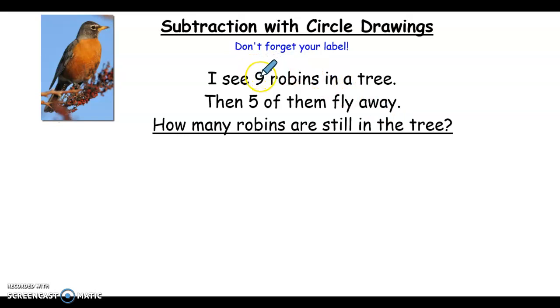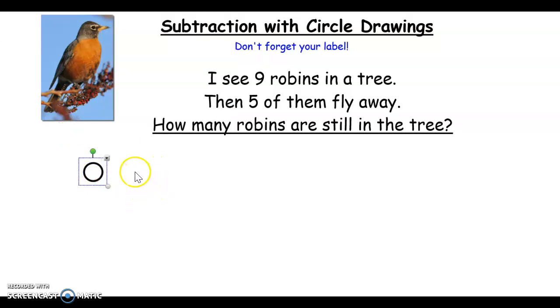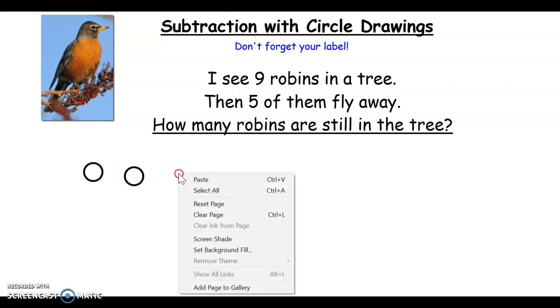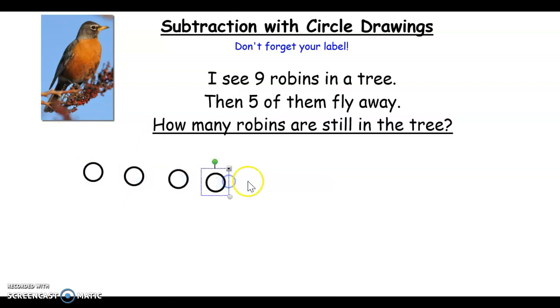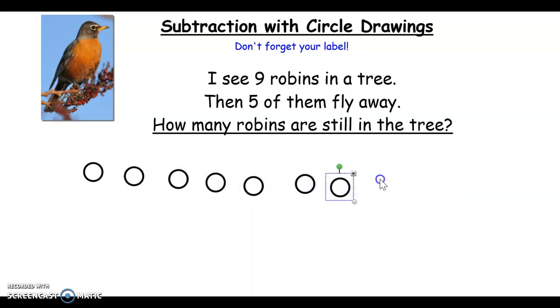So let's start off with how many we have total. Right now we have 9. So let's see if I can make a circle. 1, 2, 3, 4, 5, 6, 7, 8, 9.